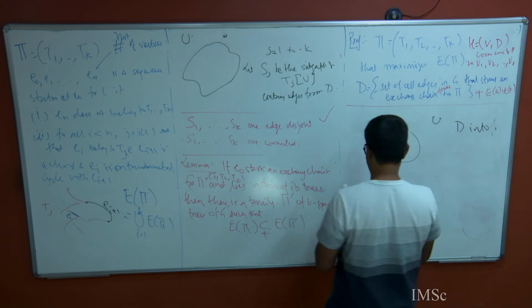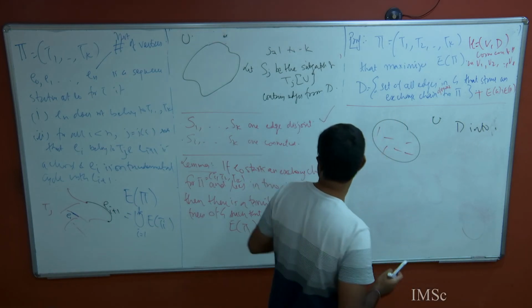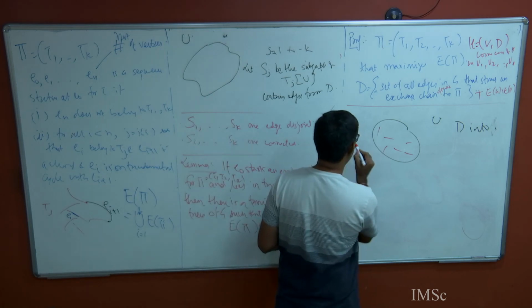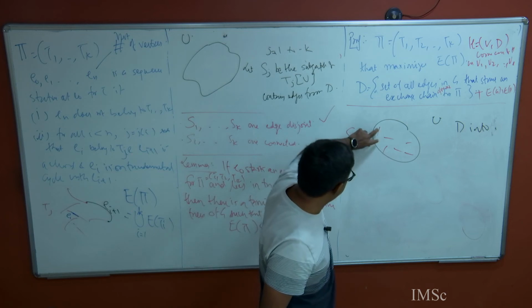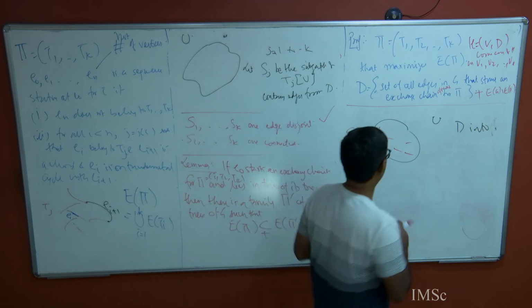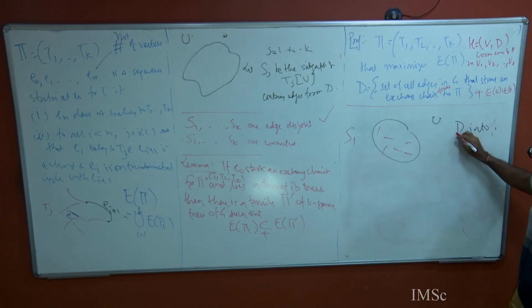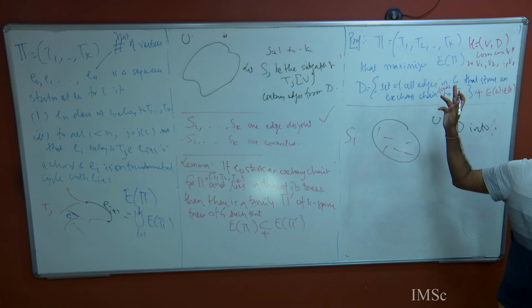So let's say, this is what some S1 is. Now what I want to say is there could be two things. Either there is an edge between these, this edge. Look at this D: this component is a connected component in my H graph, right.